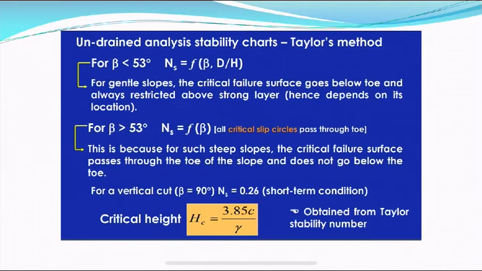By doing this we get H suffix c as 3.85 c by gamma, and this is obtained from the Taylor stability number. Whereas if one performs the conventional analysis using earth pressure theory, it can be obtained as H suffix c is equal to 4c by gamma.